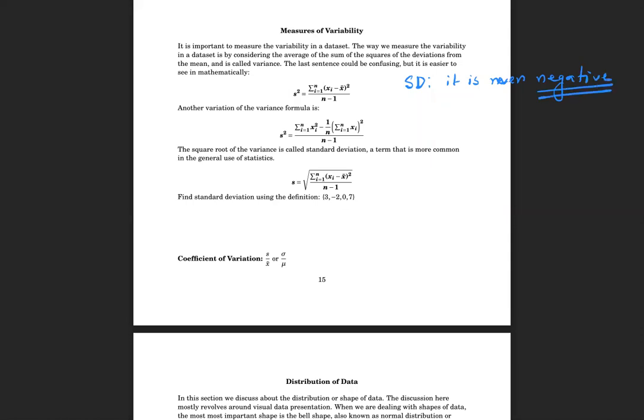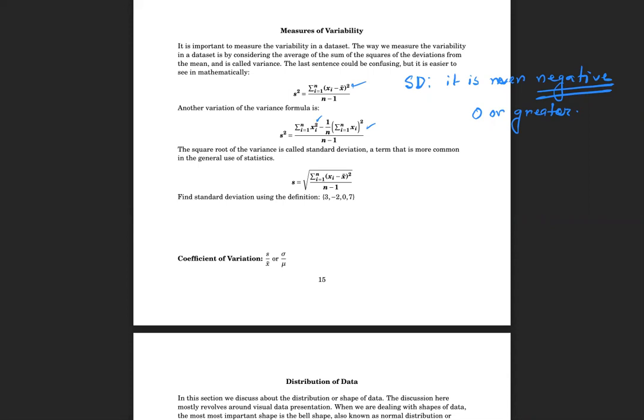Standard deviation can never be negative. It's either 0 or greater, because all these things are squared, okay? It is always 0 or positive.